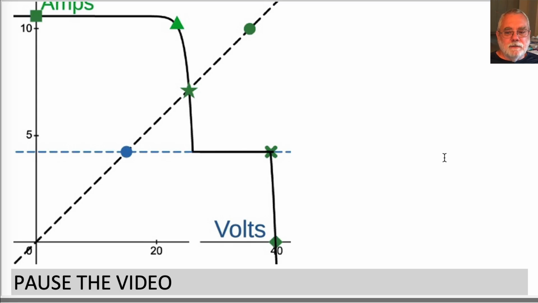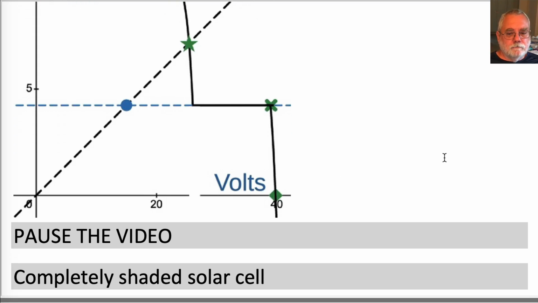Let's look at a different related case. A completely shaded solar cell. Now, suppose that the partial shading of one solar cell proceeded to complete shade. Zero current in that cell. Without the bypass diodes, the current in all 60 solar cells in series would be zero, and zero power would be sourced.